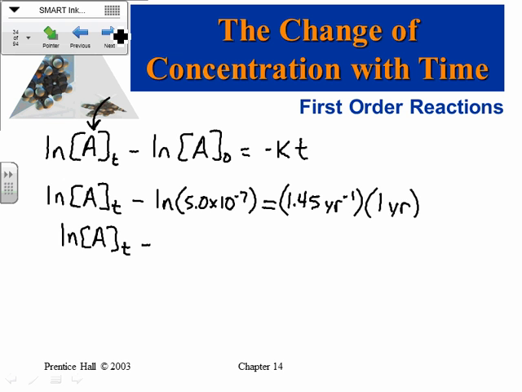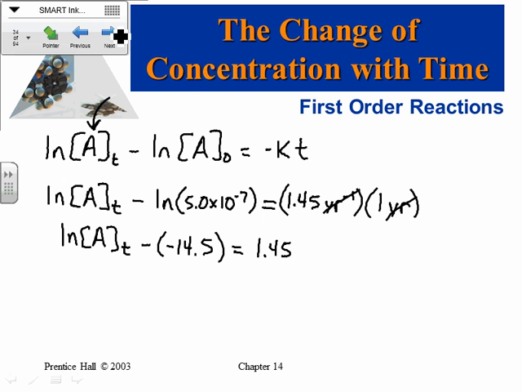So if you take the natural log of 5.0 times 10 to the negative 7th, that's going to give you negative 14.5, I think. So you got to be careful with your signs here. Minus negative 14.5 is equal to, obviously, negative 1.45. And it looks like our units kind of went away on this side, too. Like I said, I didn't include the units up here because when you take the natural log of something, it sort of becomes a unitless number at that point. Okay?